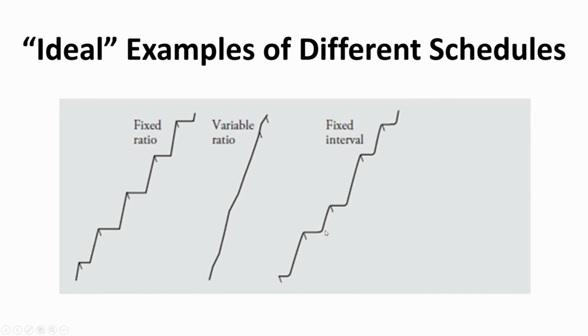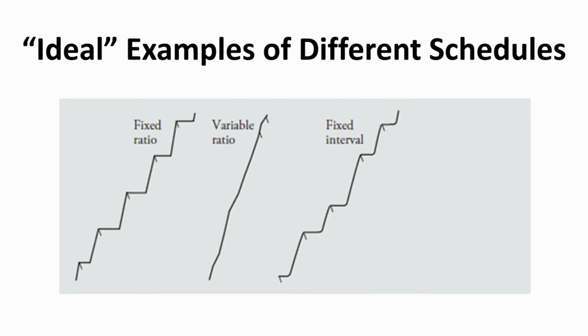Otherwise, we'd see fairly consistent responding all the time. But we'll talk more about timing in chapter 12. That's its own can of worms to open up. For the most part, we'll see something kind of like this, maybe even more rounded out. It doesn't have to be quite so pointy. It depends on what situation we're looking at, but we do see that increase in responding right before reinforcement.